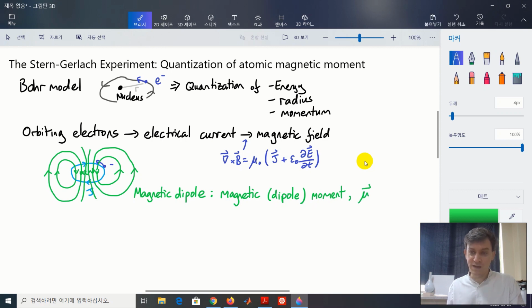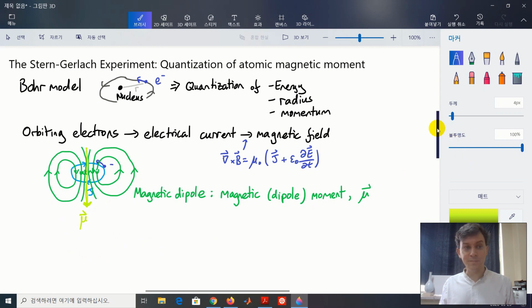It's a vector, and the way it's defined is if you go to the center of the loop and look at what the magnetic field lines are doing, then it goes parallel to the magnetic field lines in the center like this. So that's the magnetic dipole moment, or the magnetic moment. And as I said, because these atoms have electrons flowing around them, they will get a magnetic moment like this.